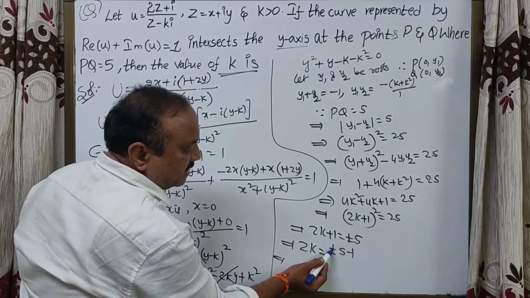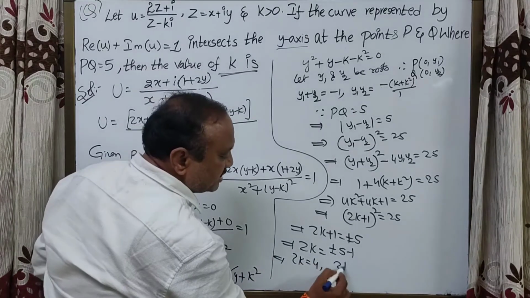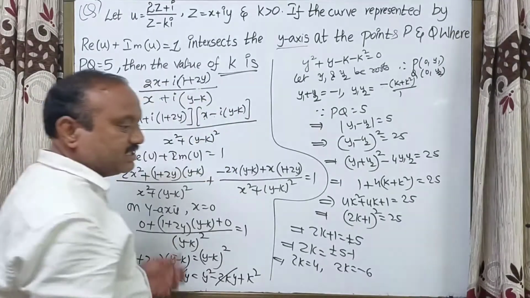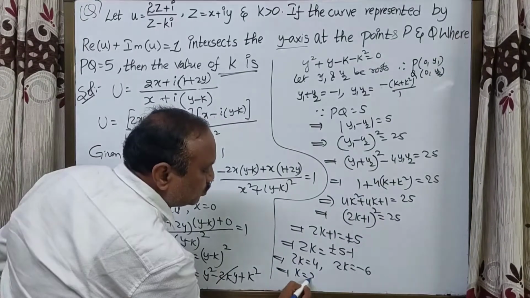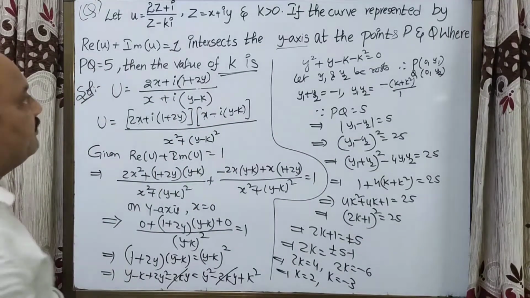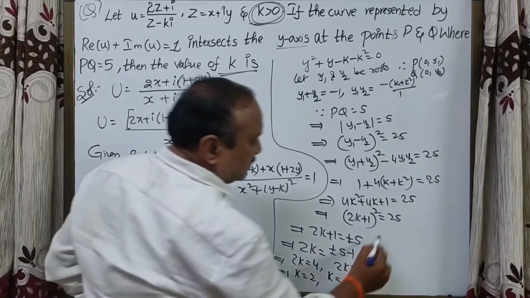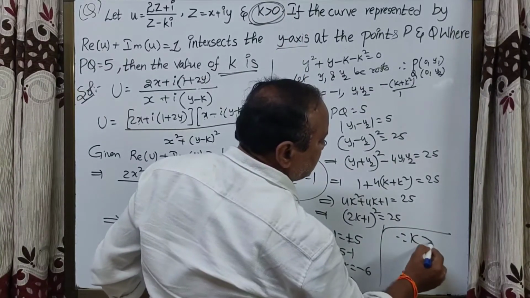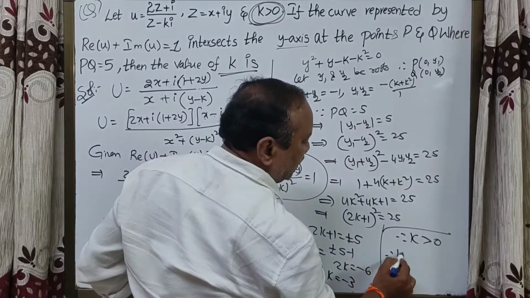If you take the plus value, 2k becomes 4. If you take the minus value, 2k becomes minus 6. Now tell me, k equal to 2 or k equal to minus 3. But given here k is greater than 0, students. Since k is greater than 0, you take only the positive value, therefore k value is 2.